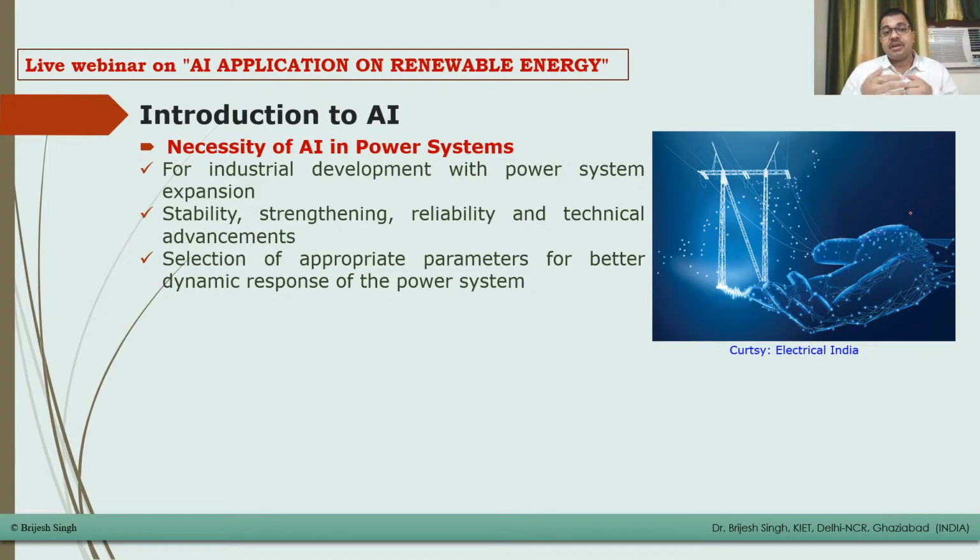Now people are talking about inter-country or inter-zonal tie-ups. For example, there are two major HVDC projects, between India and Sri Lanka and between India and Bangladesh. We are trying to connect the Bangladesh grid and the Sri Lanka grid with the Indian grid through HVDC.